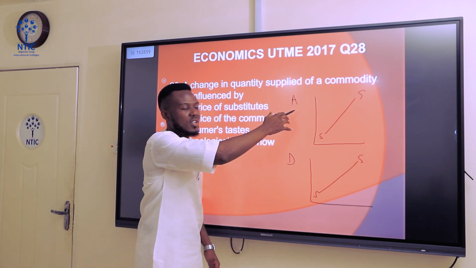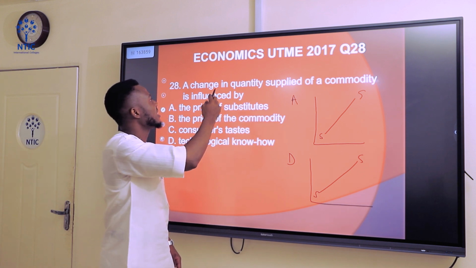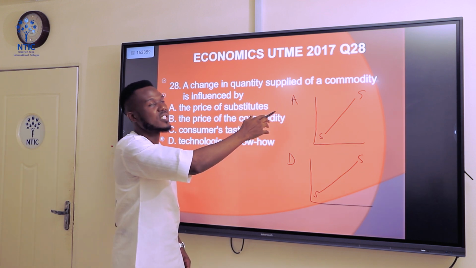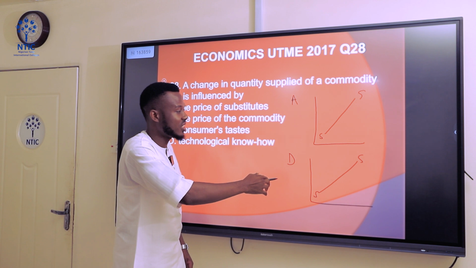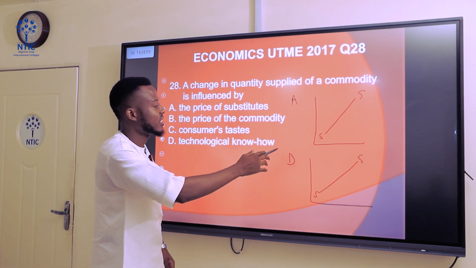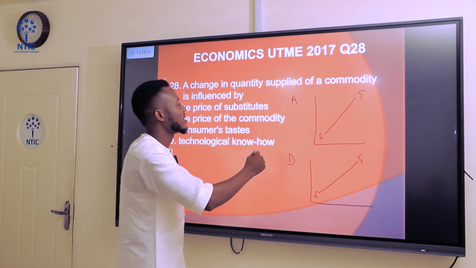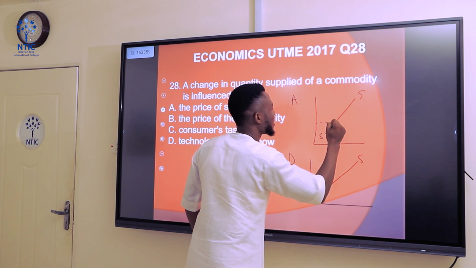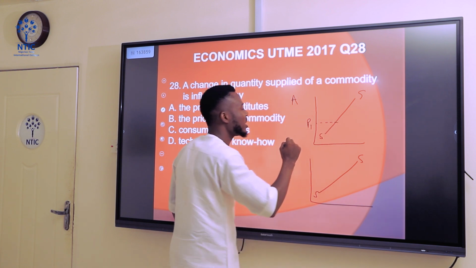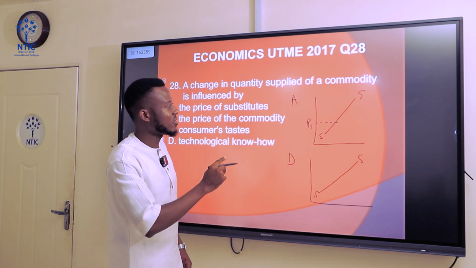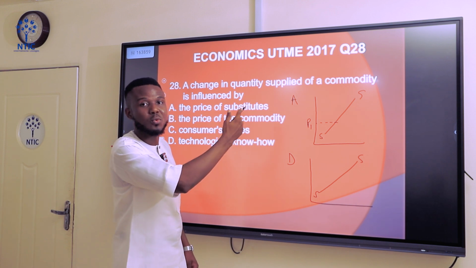In curve A, we will illustrate a change in quantity supplied, and in curve B, we'll briefly explain the change in supply. So, remember that we said earlier that it is only the price of the commodity itself that brings about a change in quantity supplied.